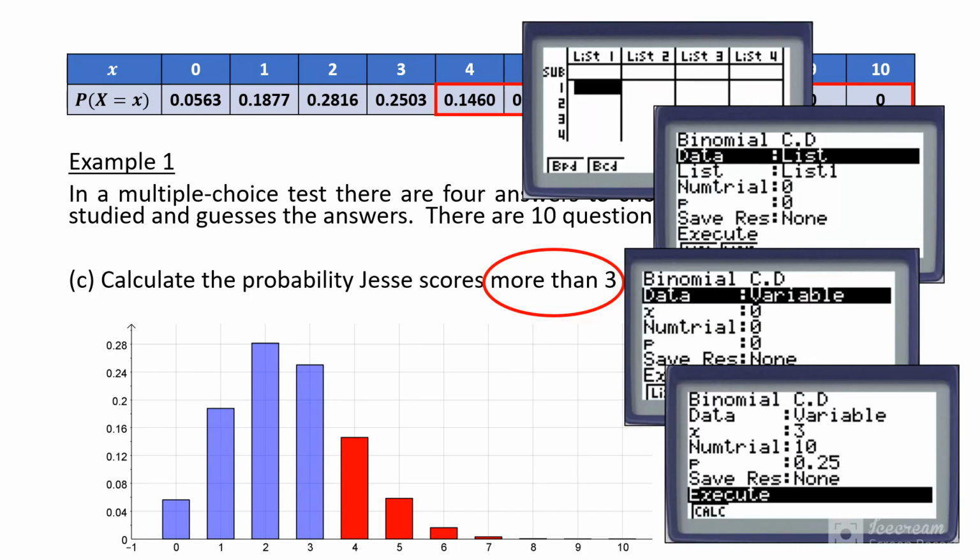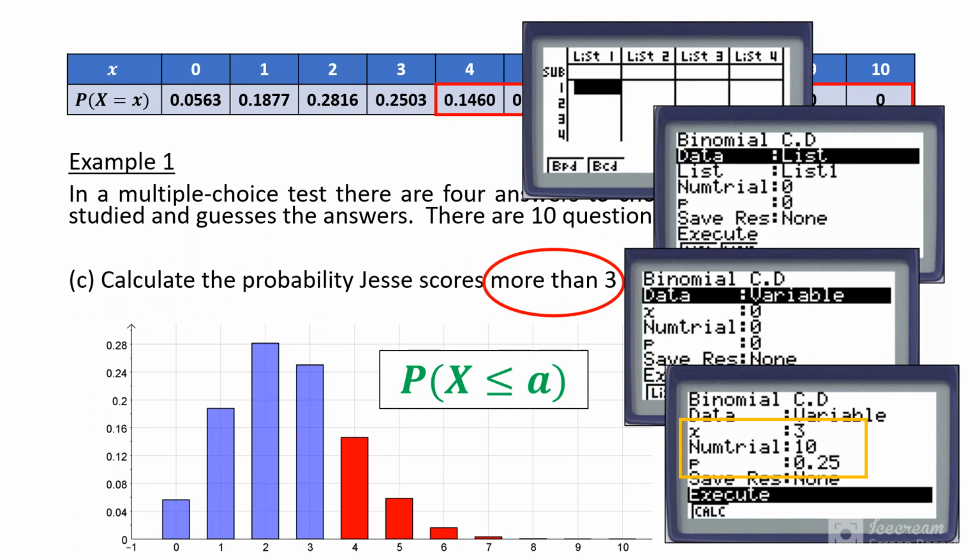Right, back into my calculator, and notice what I'm going to enter in for X. I'm going to enter X as 3. Now remember what we talked about, the calculator is only set up to add up less than or equal to some particular value. So when I enter 3 in for X, the calculator is going to add up the probabilities for 3, 2, 1, and 0. Now I don't want that section, I want everything else.